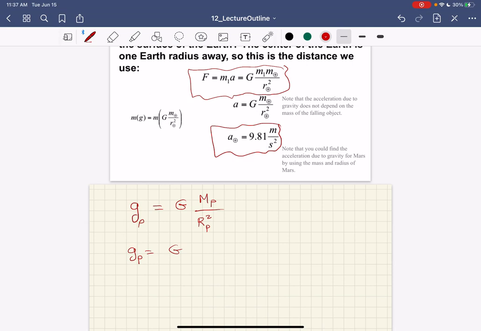And again here, you might be given the relation. Let's say we have a planet that has double the mass of the Earth, and let's say 3 times the radius of the Earth.